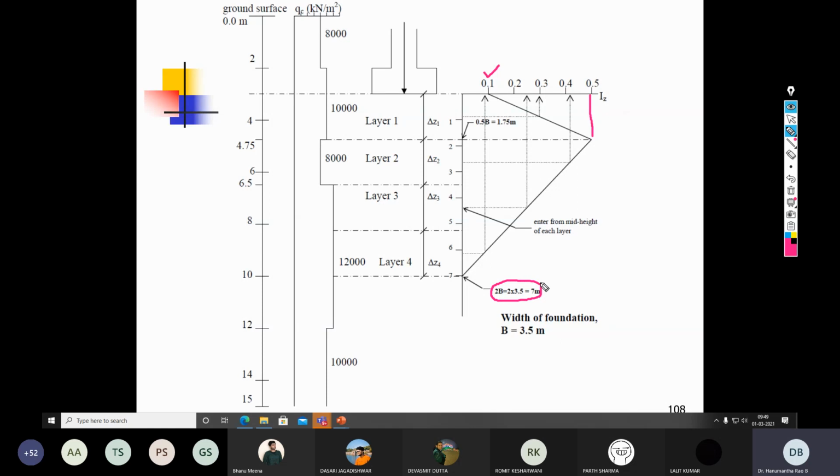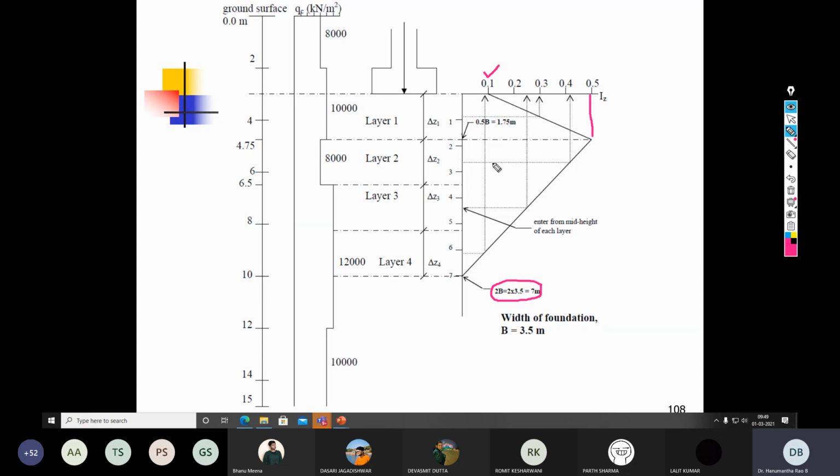Now, having constructed the strain influence diagram, your next step is to divide the entire 7 meter depth into different number of layers. The division is at your discretion, depending upon the number of layers that you want to consider. You can consider any number of layers.